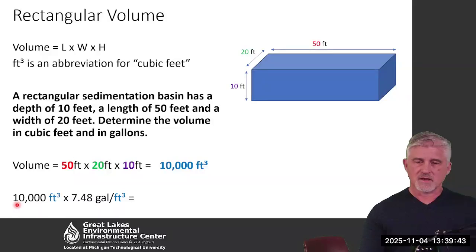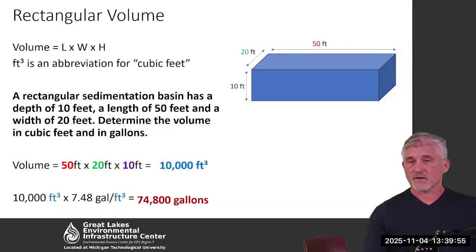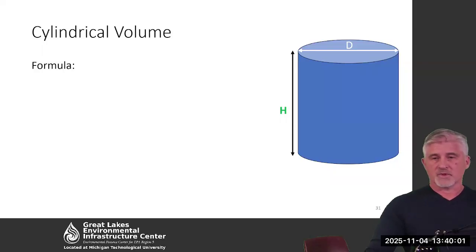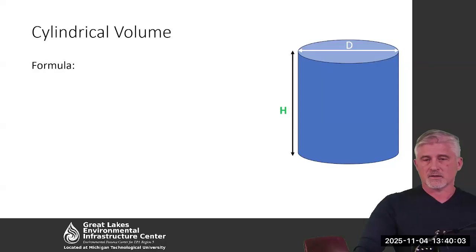We take our 10,000 cubic feet and multiply it by 7.48 gallons per cubic foot. Our cubic feet cancel out, and our answer is in gallons, which is equal to 74,800 gallons. So we determined the volume of a rectangle.